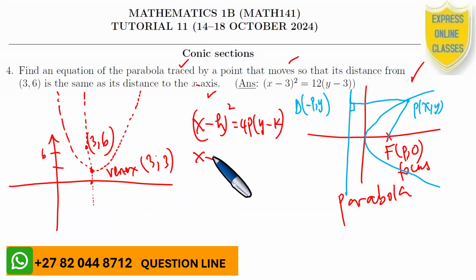You then have that x minus 3 squared equals 4p times y minus 3.